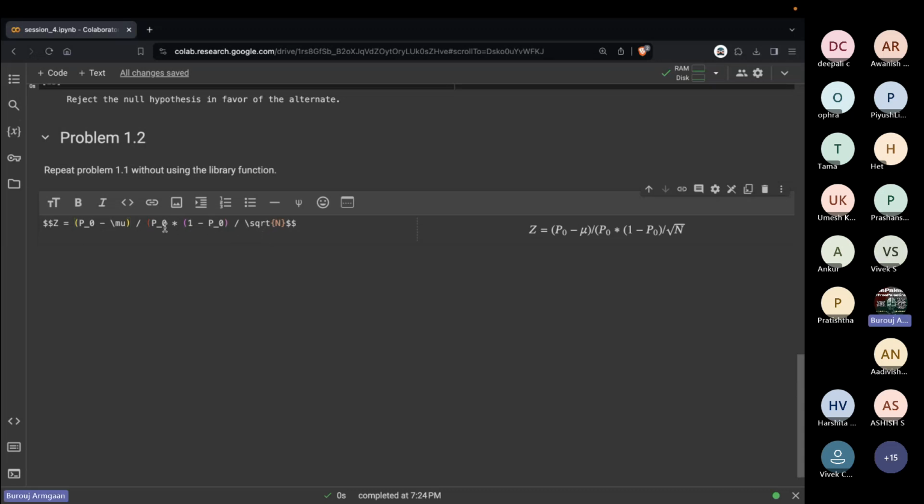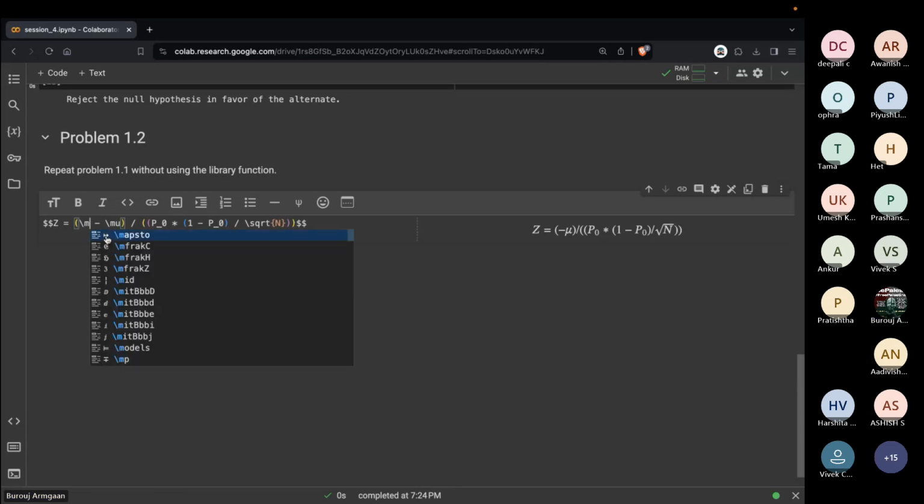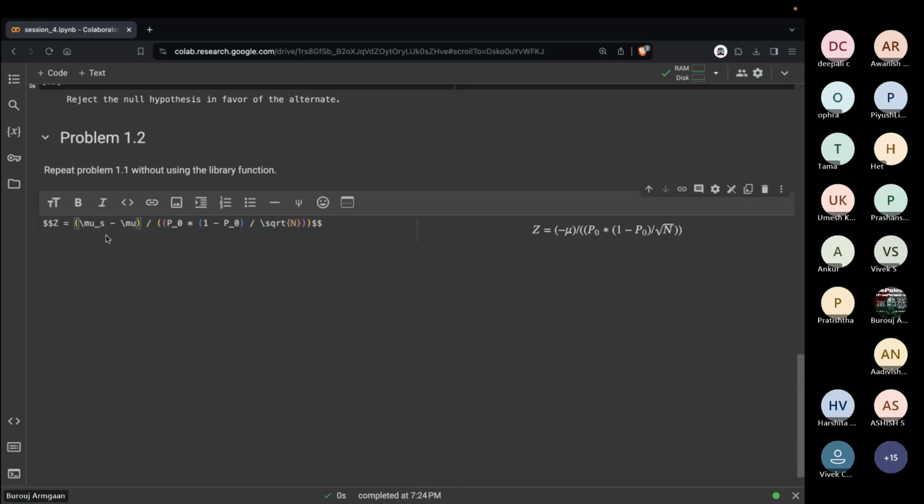So does this make sense? I think this should result in the correct value. Yeah, this should impact the, let's say, mu sample, right?